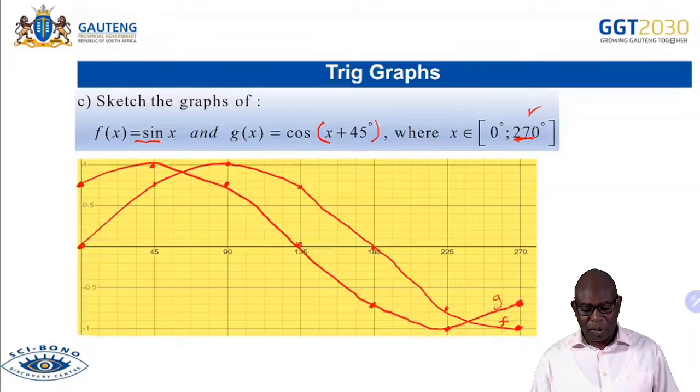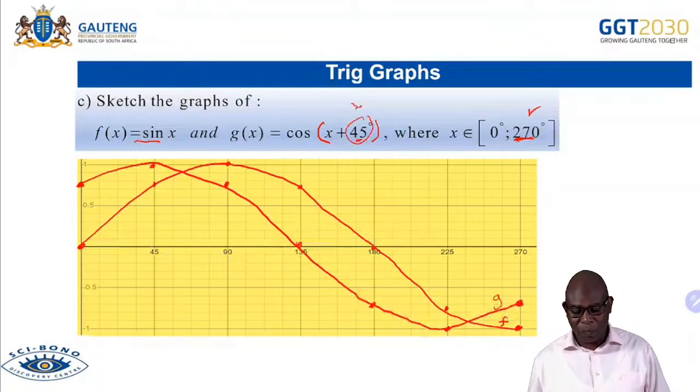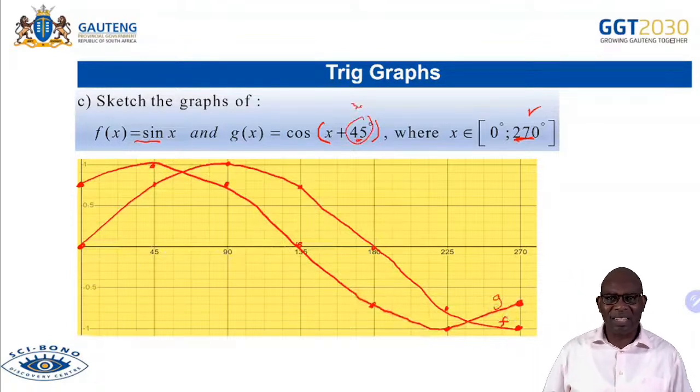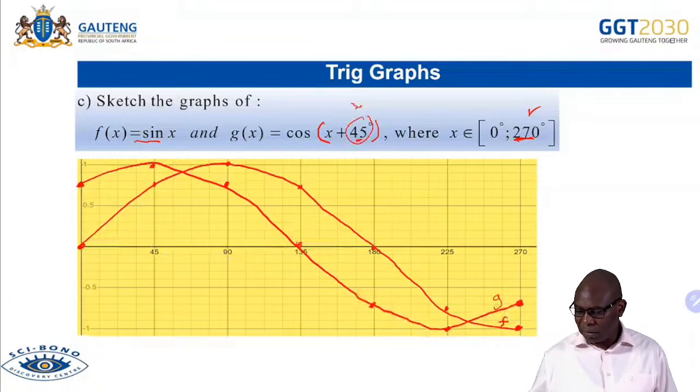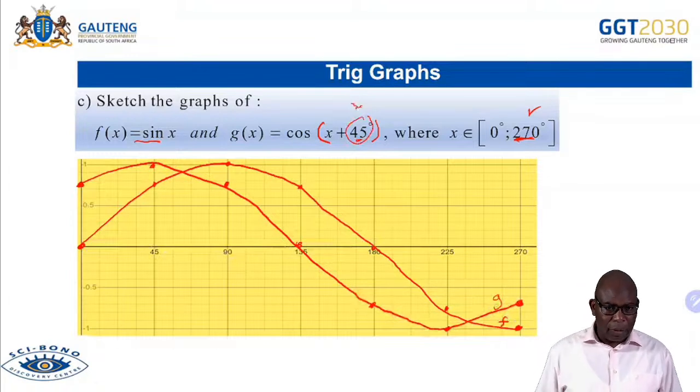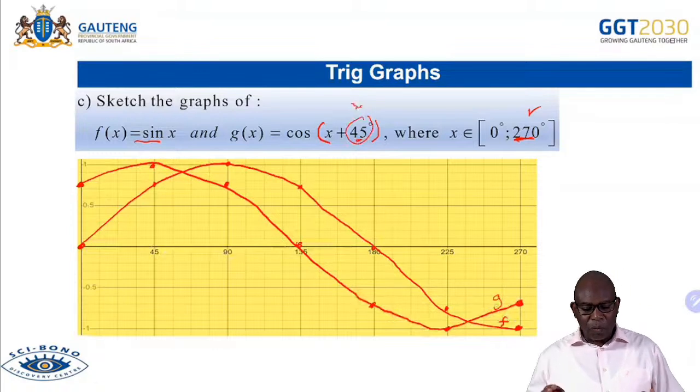If those points are not given, use the 45 interval. So 0, 45, 90, 135. If it's 30 there, please use 30 intervals. You draw your sketch by using your calculator. This is easy, straightforward, 7 marks. So sketching of the graph, everyone must be able to do that.